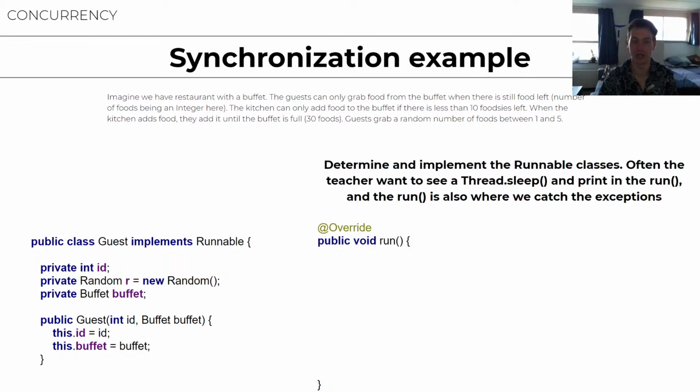Now, normally I would ask you, why is the buffet passed in through the constructor? I'm going to give you 1 second to think about it. So why do I pass in the buffet through here, and why do I not say buffet is new Buffet? Okay, time's up.